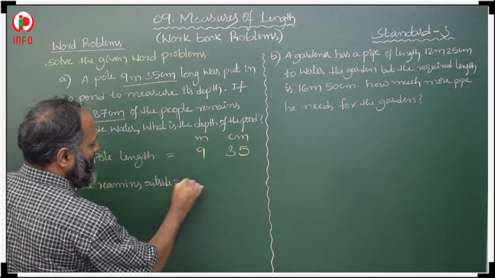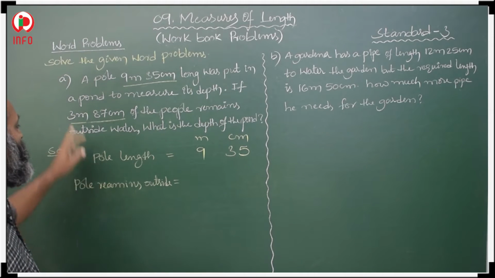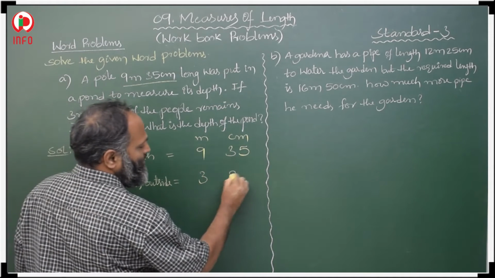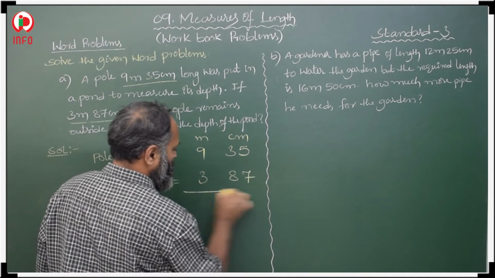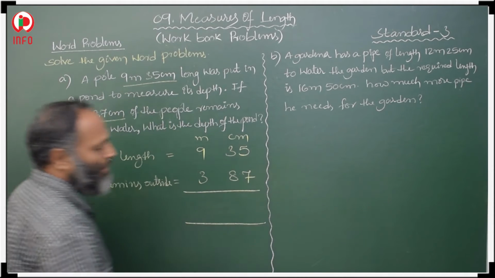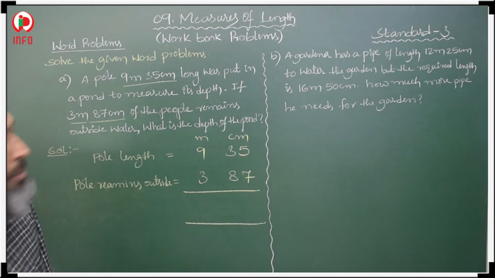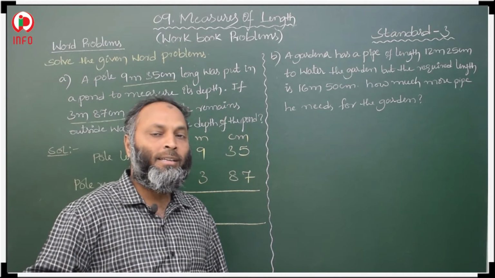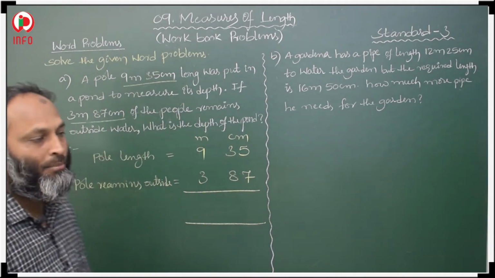How much pole remains outside of water? 3 meters 87 centimeters. Then what is the depth of the pond? The depth of the pond is nothing but whatever the pole inside, that length.